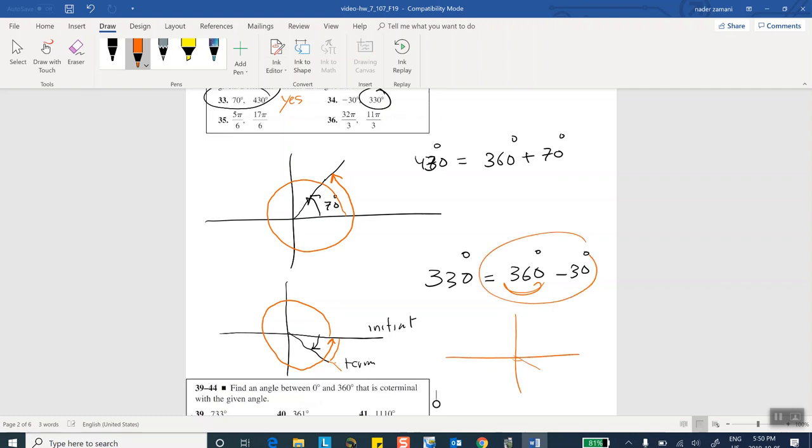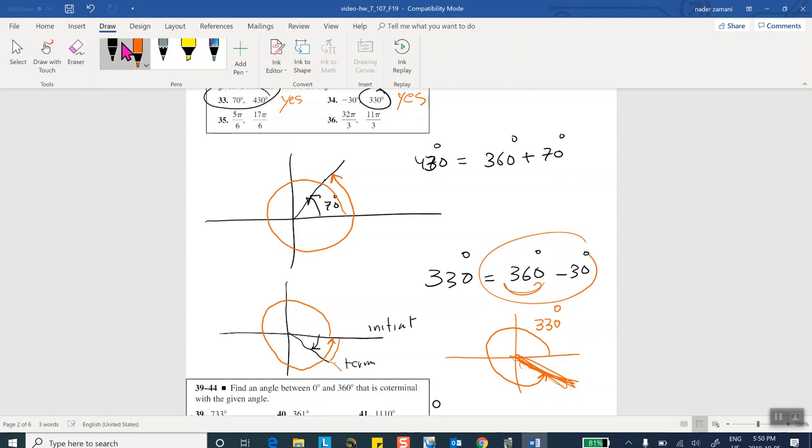So here was 30 degrees. You go there, and then you stop right there. So this is 330 degrees. And notice that they're both coterminal because they have the same terminal side. This was the terminal side for minus 30, and it's also the terminal side for 330. So the answer to this is also yes.